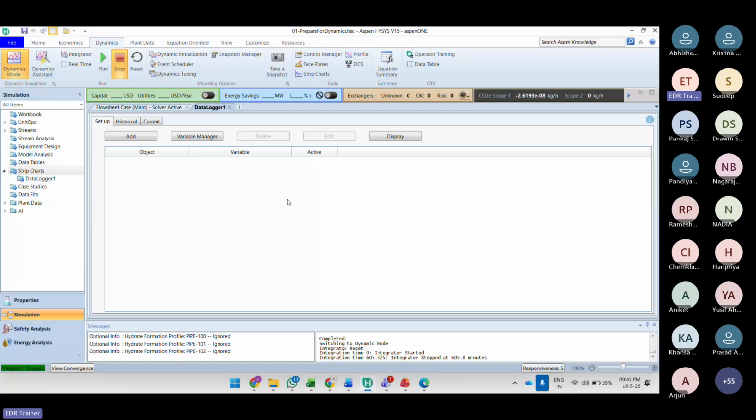I encourage all participants to practice these concepts using small models initially before moving towards large integrated systems, to get a feel for how a dynamic system works. You will then be able to judge whether the system is responding correctly, because with dynamic simulation it is very difficult.